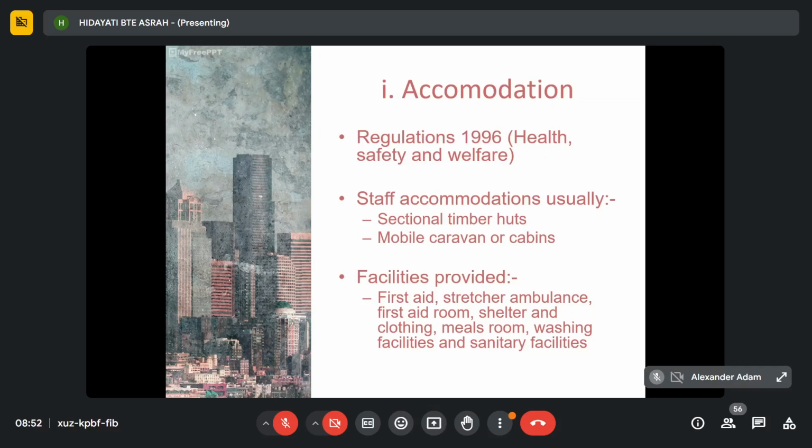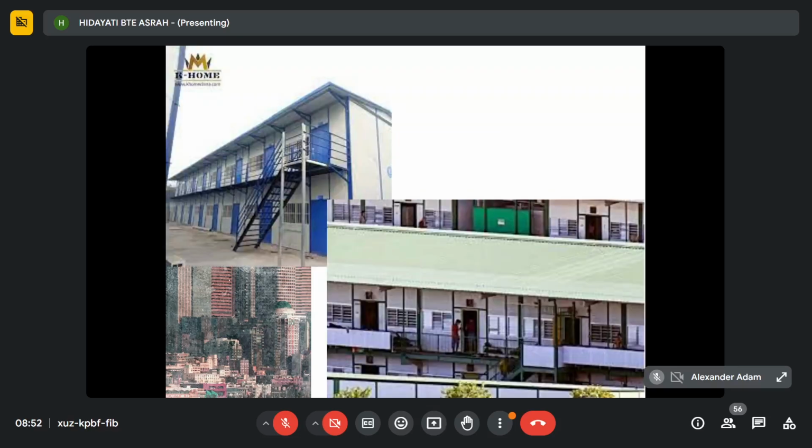And the facilities that must be in the accommodation, such as first aid, stretcher, ambulance, first aid room, shelter, clothing, meals room, washing facility, and the sanitary facilities. So this is related to accommodation. This is an example of proper accommodation for workers.